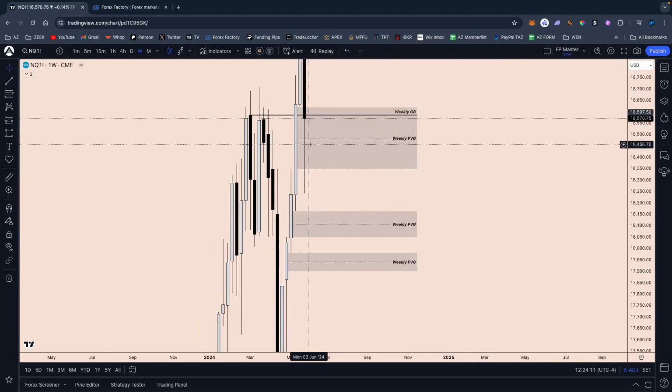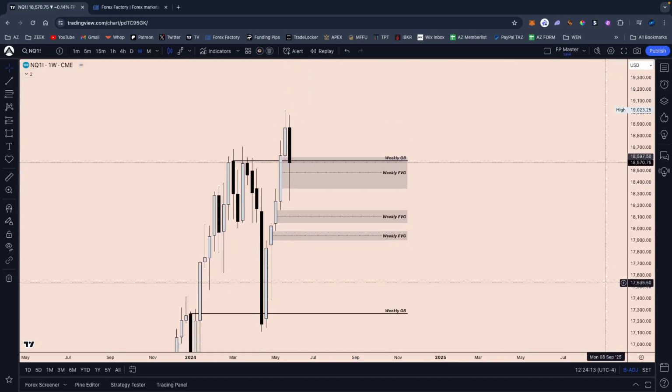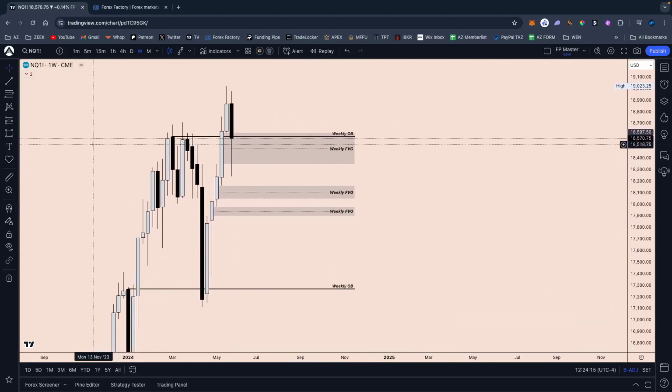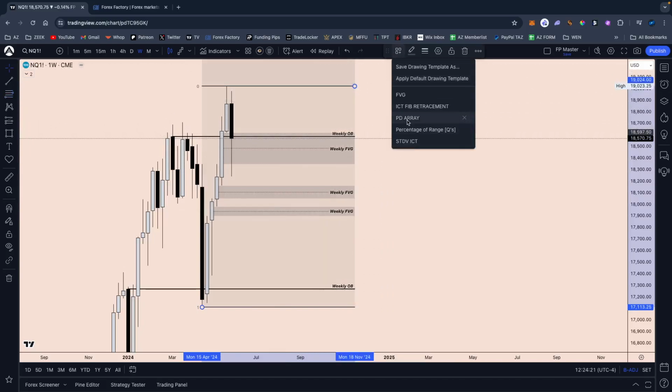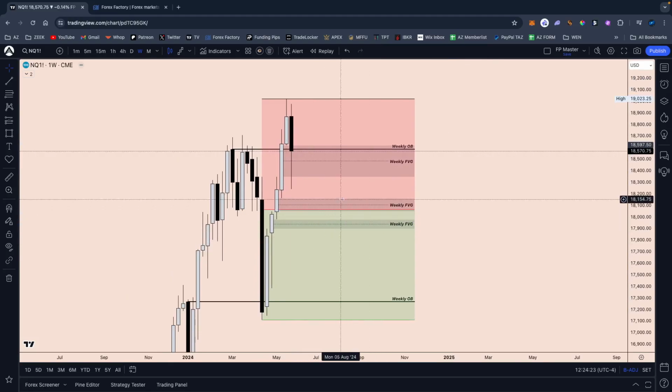We just draw them in for the sake of it. We can look at our most recent PD array on a weekly time frame. 50% level, sitting right here on this middle fair value gap. So that could be a case where we first fill in all these inefficiencies before we continue higher.